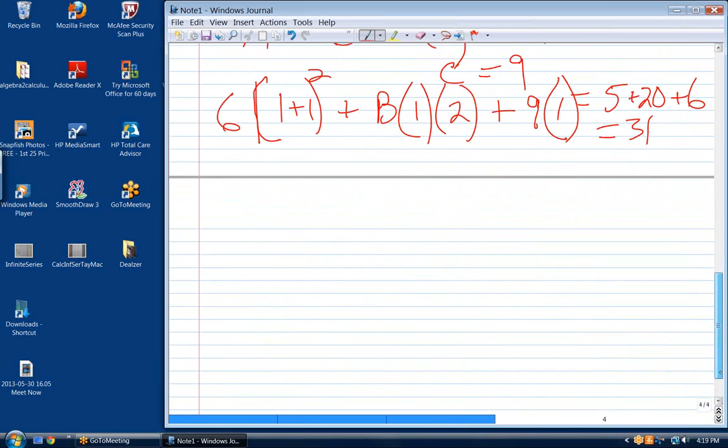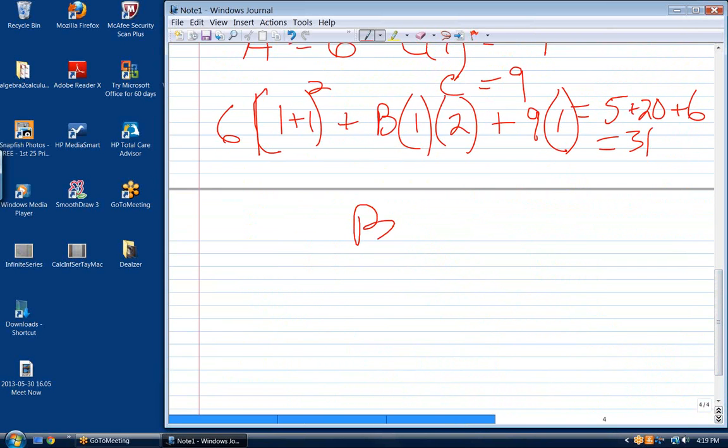Now that allows us to solve for B. And I'll just do it quickly. It equals minus 1.